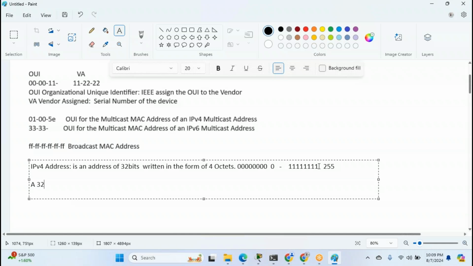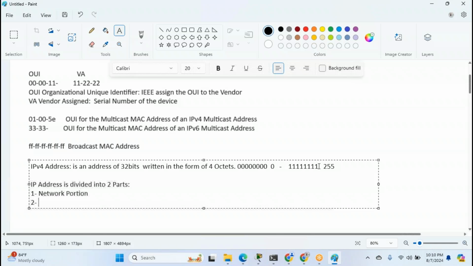A 32-bit IP address is divided into 2 parts. The first part is called the network portion, and the second one is called the host portion.